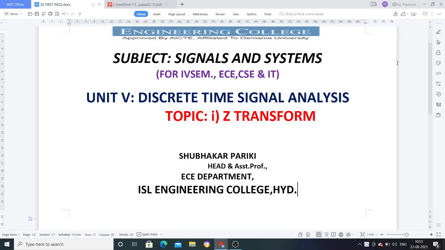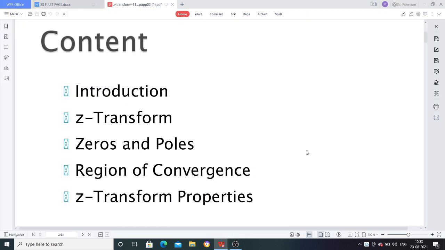One more point here: the Z transform is the counterpart of the Laplace transform. The Laplace transform will give the signal in the S domain, whereas the Z transform will give the signal in the Z domain.